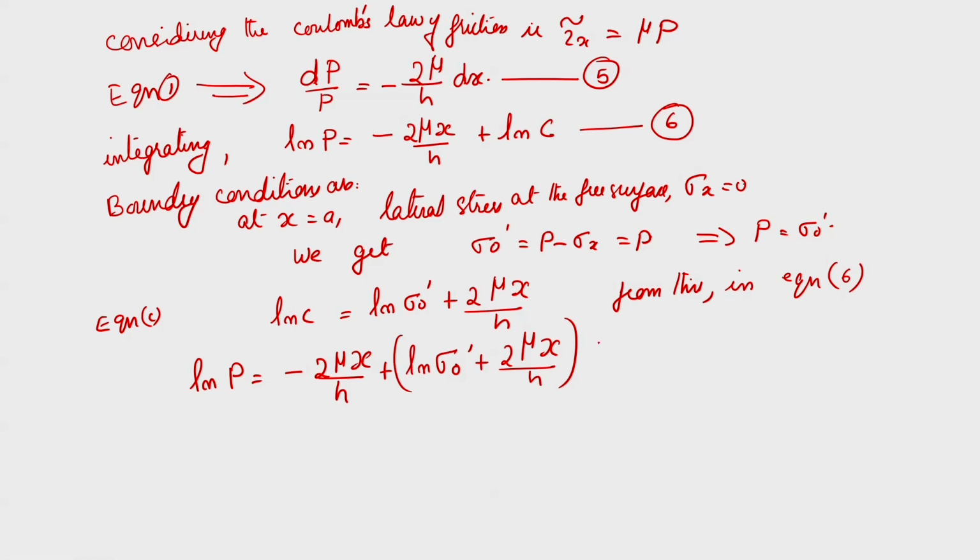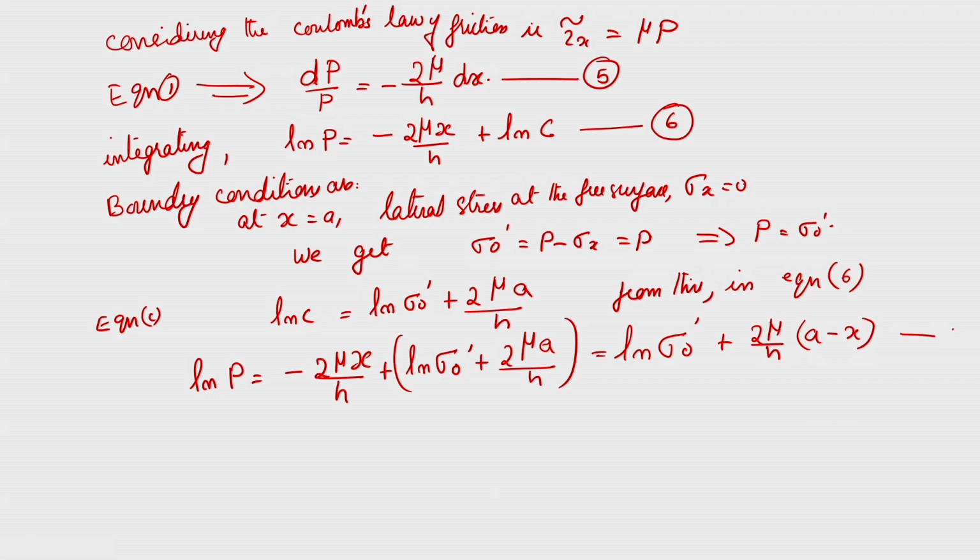So, that we can write as log sigma 0 dash plus 2 mu by h, sorry, here it should be 2 mu a by h. So, we can say that 2 mu into a minus x.